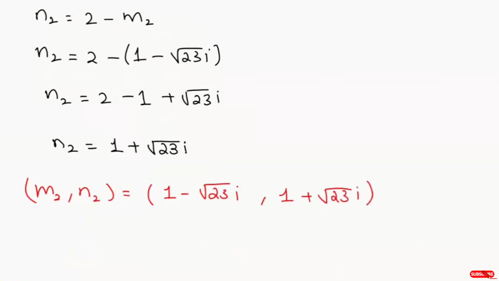Now I'm going to verify my answer. Now first I'm going to take here equation 2, that is m times n is equals to 24. And here I was going to take m1 and m2 value.